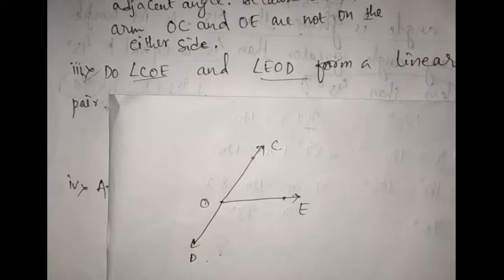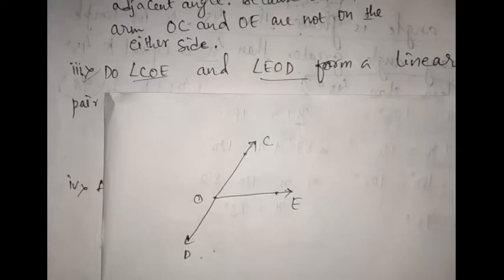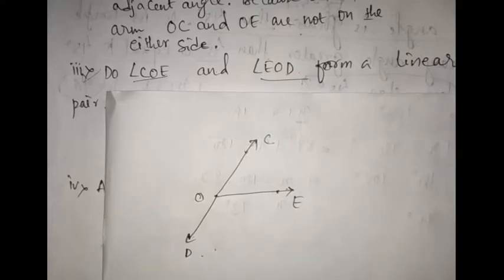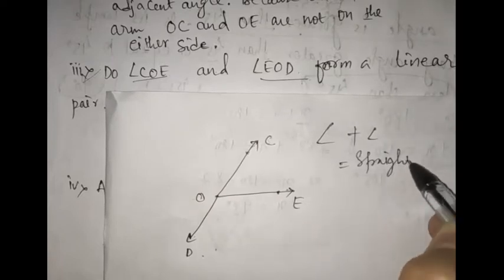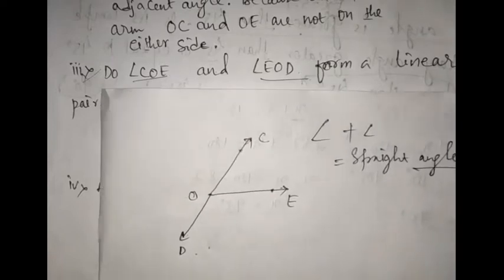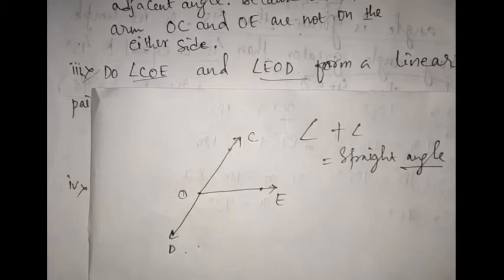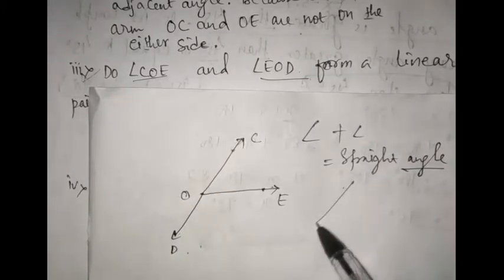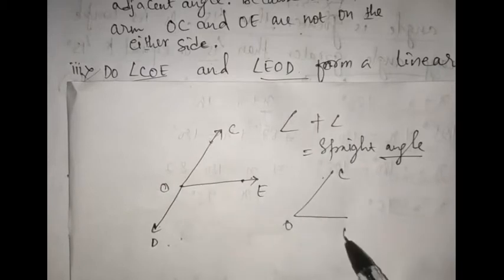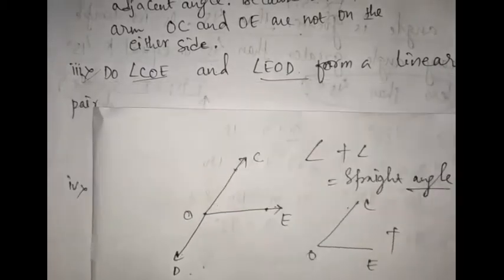So in the introduction part I have introduced the linear pair, right? Still I am revising this. If two angles when combined are forming a straight angle, then we will consider it as a linear pair of angles, which makes 180 degrees. Okay, so I am considering here one angle as COE, and another is EOD.